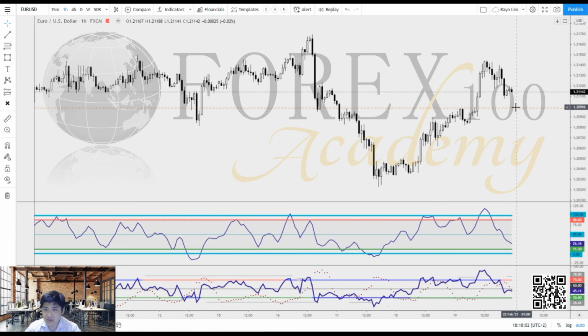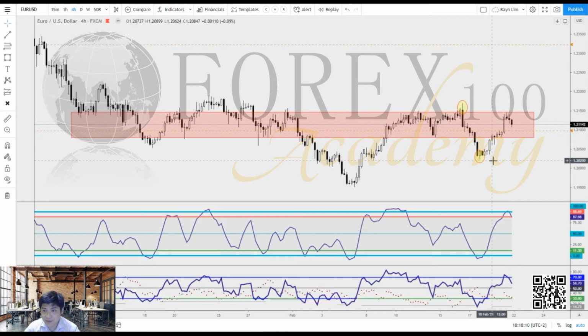And of course, breaking and closing below 1.2082, 82 is somewhere over here, I believe, in the sell zone, then we can extend towards the downside to 1.2048. That will give you another 30-plus pips of movement.